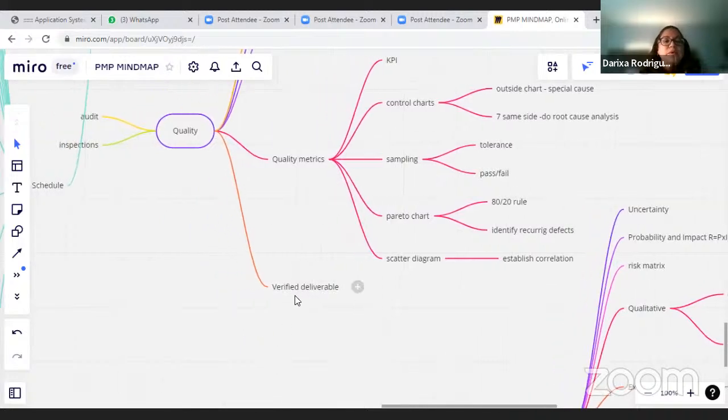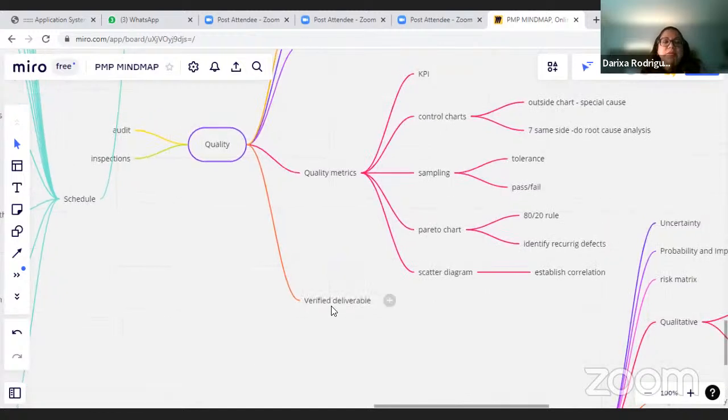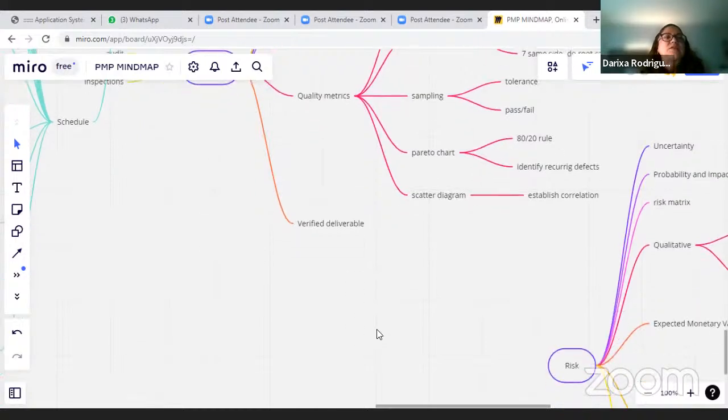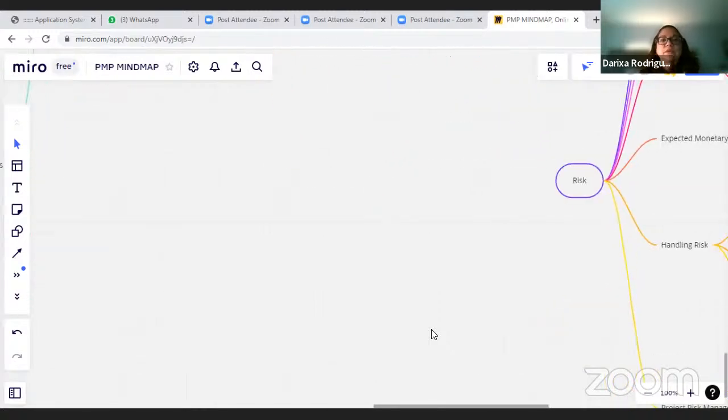Once the deliverable is passed and validated by the quality processes, we can say that the deliverable is verified. We do that by audits, where we inspect the process, and inspections, which inspect the deliverable.